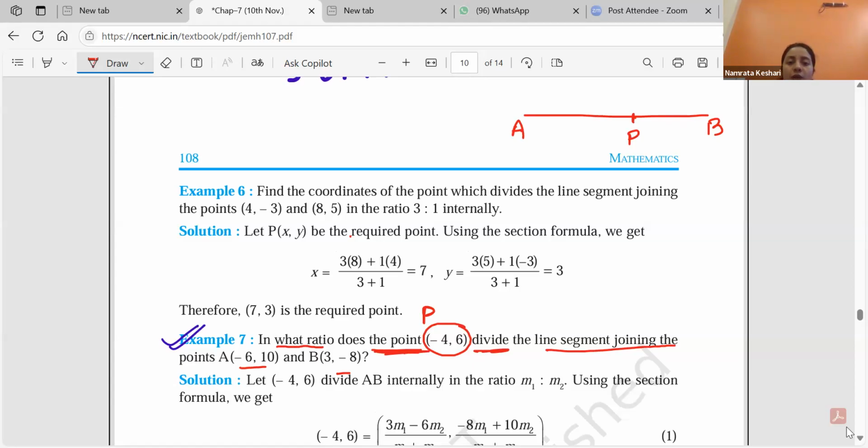So you know the P coordinate is minus 4 comma 6. You know the coordinate of A is minus 6 comma 10. You know the coordinate of B is 3 comma minus 8. And you just have to find the ratio. How? Again, by using the same formula.